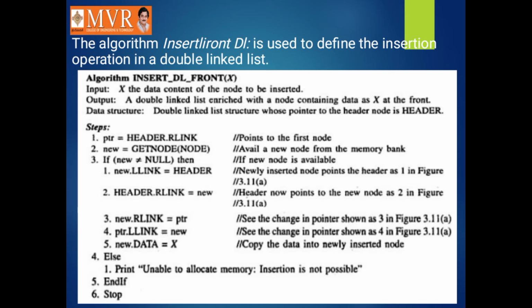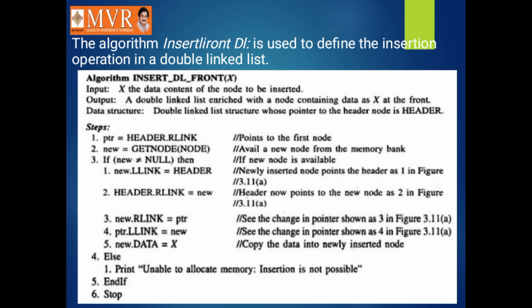The memory manager will check the memory bank, and if the node is available, then the node will be given to us and we will insert the new node in our double linked list. If the node is not available, then it returns an insufficient memory or unable to allocate memory.